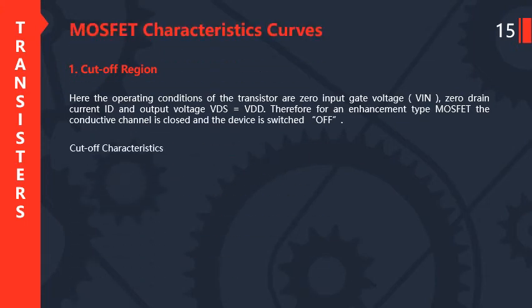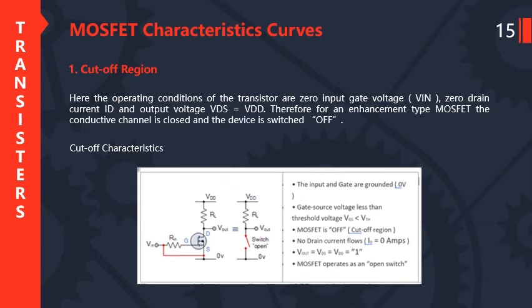Cutoff characteristics. So the input and gate are grounded, meaning 0 volt. This is the diagram for cutoff characteristics of the MOSFET.